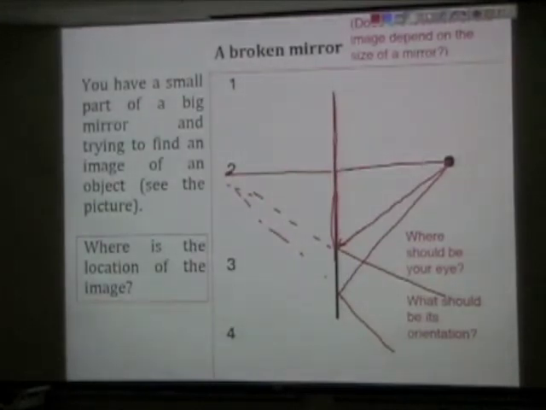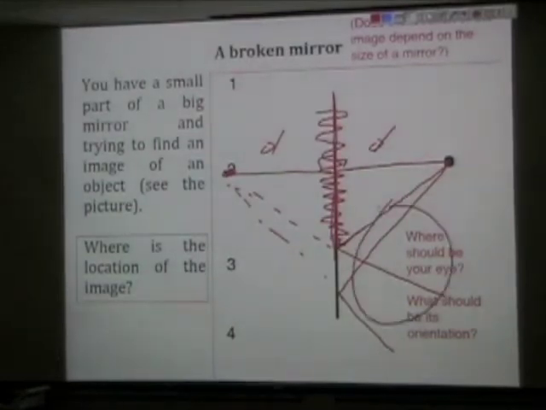So for that mirror, we would just draw a perpendicular and measure the same distance, and that would be the location of the image. Well, of course, it's a virtual image. There's no real light over there. However, even with the broken mirror, without this part, we would still get some rays reflected in the same way. So we would still get the image toward here, the virtual image.